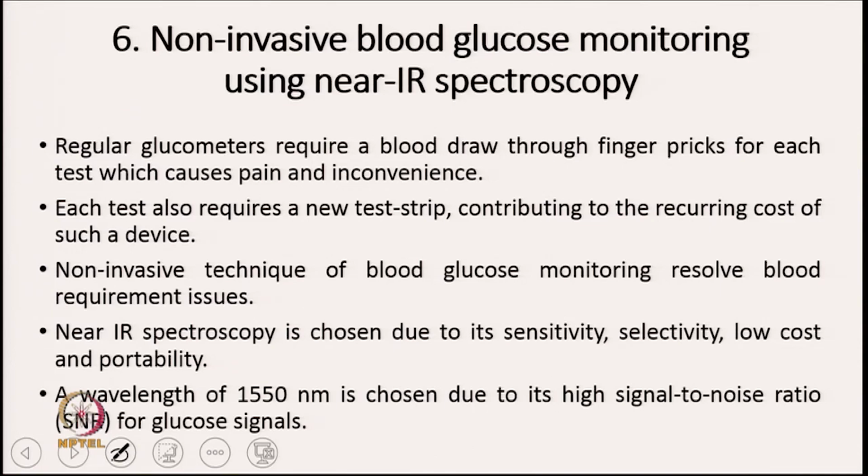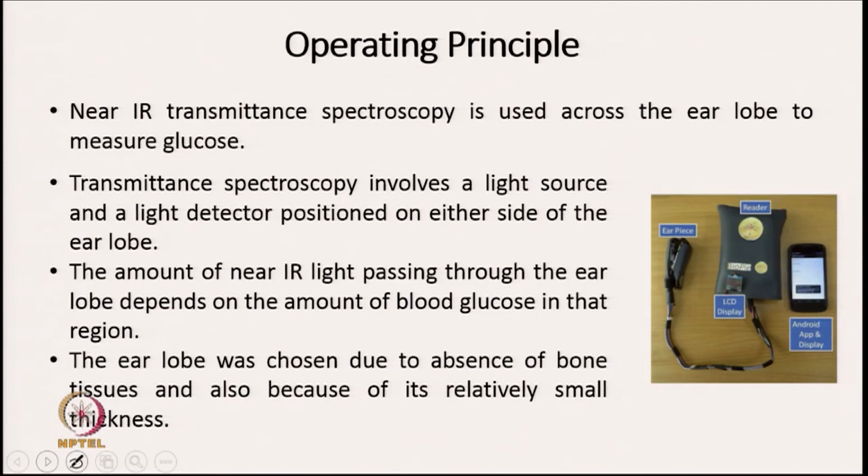This is a non-invasive technique, and here a wavelength of 1550 nanometer is chosen due to the high signal to noise ratio for the glucose signal. In this IR transmission, the instrument is used across the ear lobe to measure glucose. You do not need a blood sample.